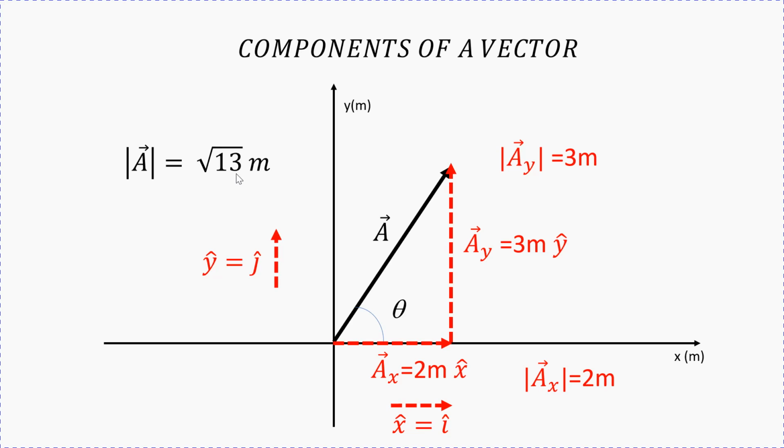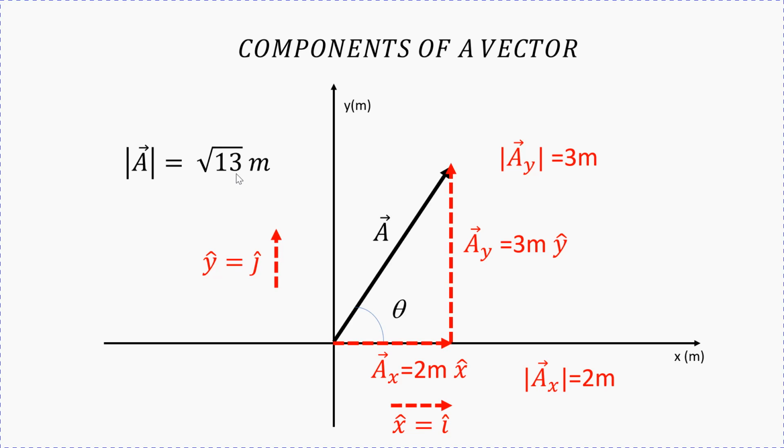Okay. So all you've got to do: the magnitude of A is equal to the square root of the magnitude of A sub x squared plus the magnitude of A sub y squared.